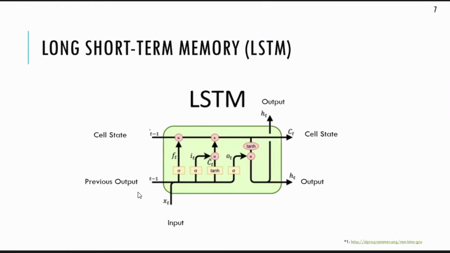And this works by putting in some input. Then we have three kinds of, they are called gates. This is the forget gate, this is the input gate, and this one is the output gate. The forget gate tells the hidden states whether it should forget everything that it previously has saved or not.